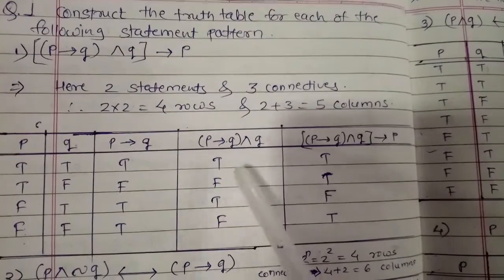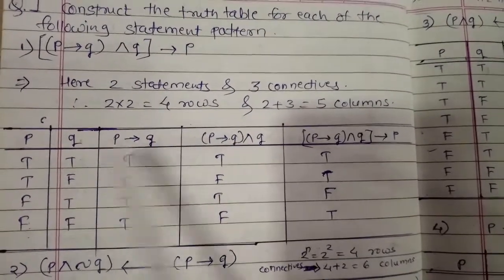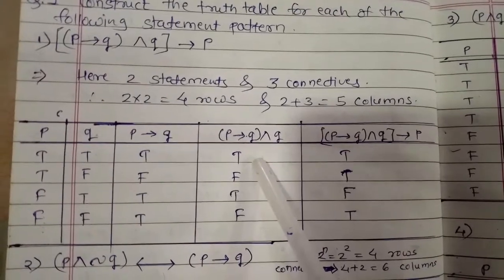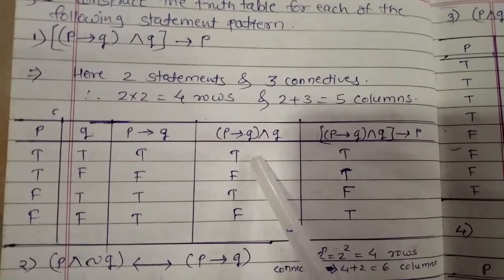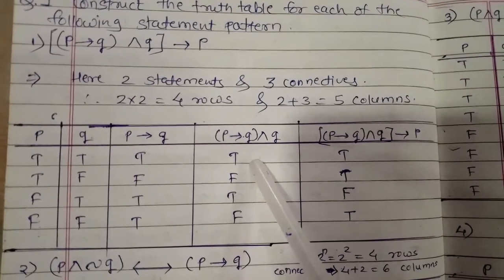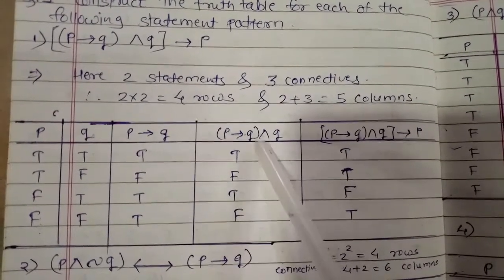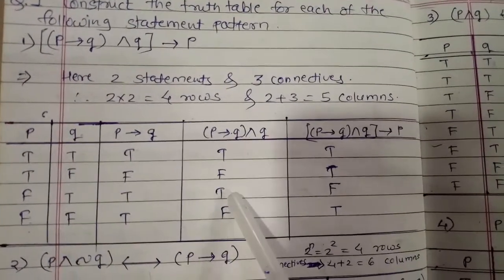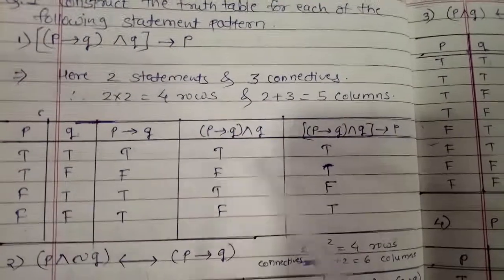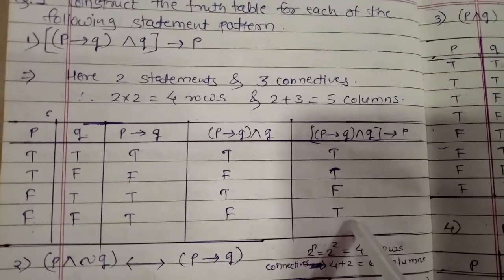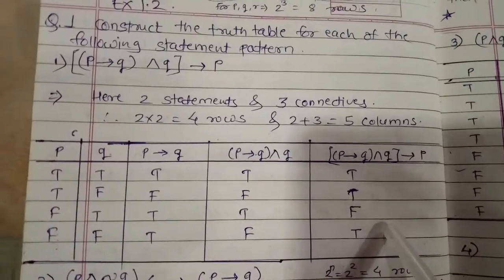You have to see the conditional from this column to this column. You know the rule for the conditional, that if the first statement is true and the second one is false, then it is false, otherwise true. So first, here is true, but here is no false. Again here is true, here is false, so the value is false. And for the remaining ones, it is true. So this is all about the statement pattern.